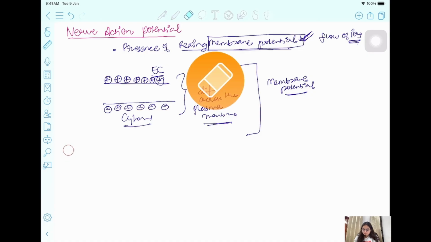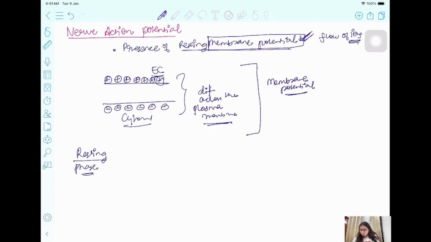Now, in resting phase, the inside of the membrane is mostly negatively charged, and the outside of the membrane is positively charged because of the presence of more positive charged ions on the outside and the presence of more negative charged ions towards the cytosol side.